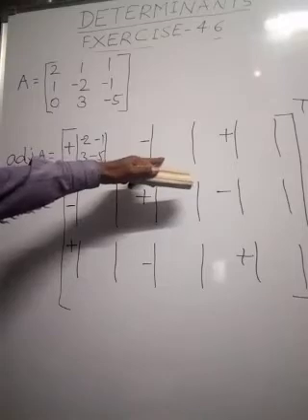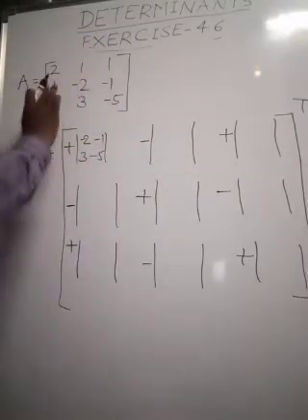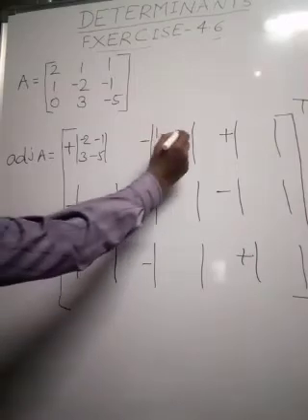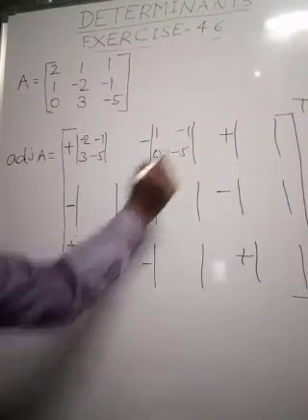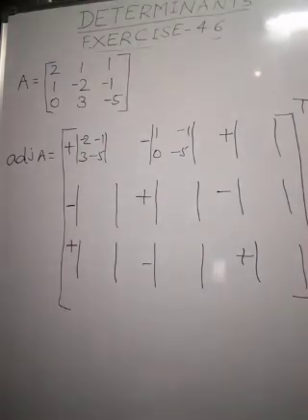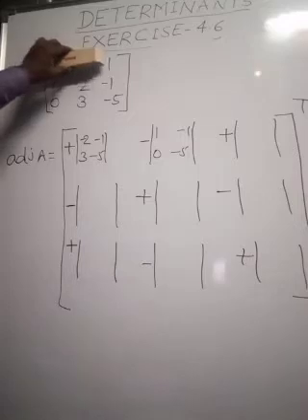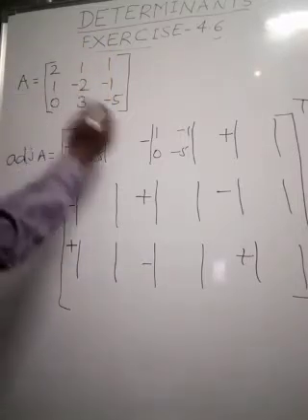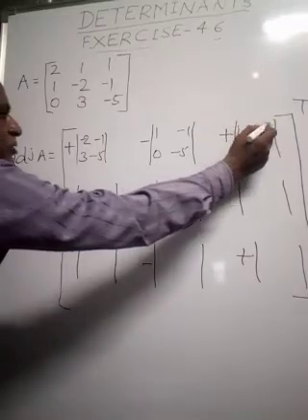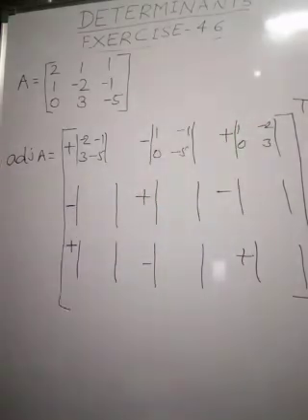To get the second element, close the first row and second column: 1, minus 1, 0, minus 5. Understood, my dear children? To get the third element in the first row, close the first row and third column. What do you get? 1, minus 2, 0, 3. Understood the elements in the first row, my dear children?